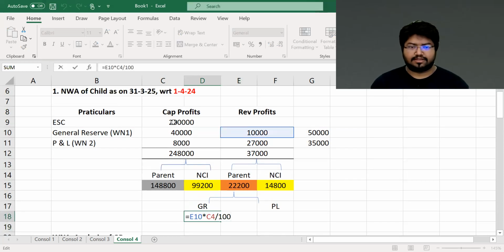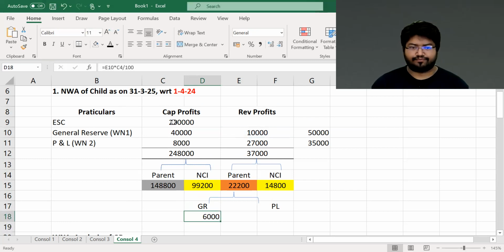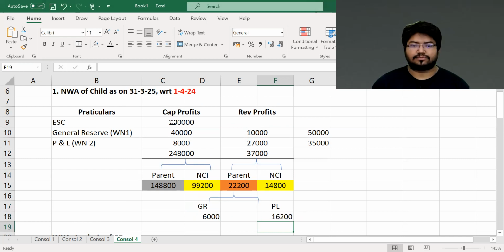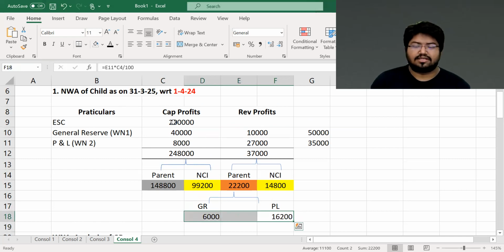Same way, P&L, if you see, it is 27,000 into 60%. So how did I get 22,200? It is basically the total of these two numbers, 16,200 plus 6,000. Is that clear?